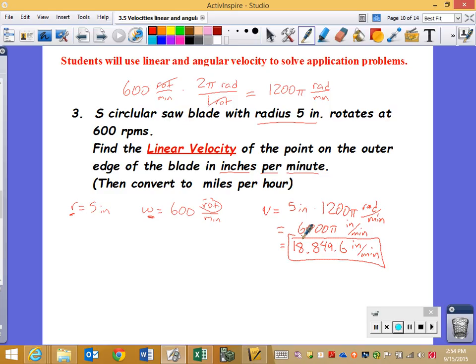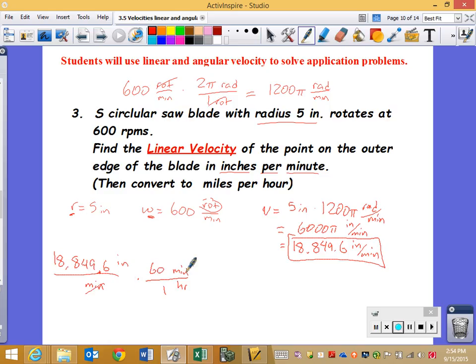Now, then it says to convert it to miles per hour. I'm in inches per minute, so I need to change everything over to miles per hour. And this is how we're going to do it. Write down your original value that you have, 18,849.6 inches per minute. Now I want to get rid of minutes and turn it to hour. Well, I know that per 1 hour I have 60 minutes.